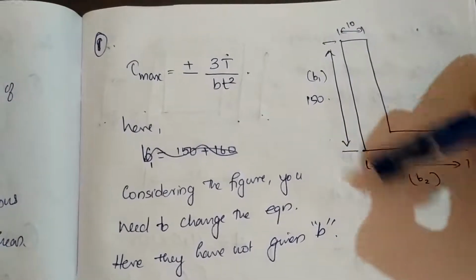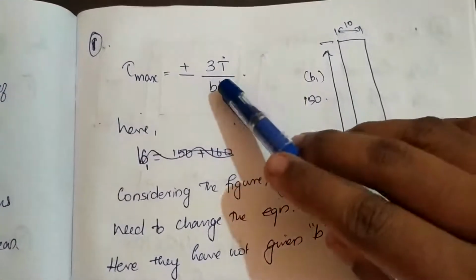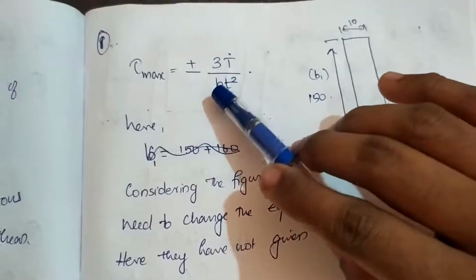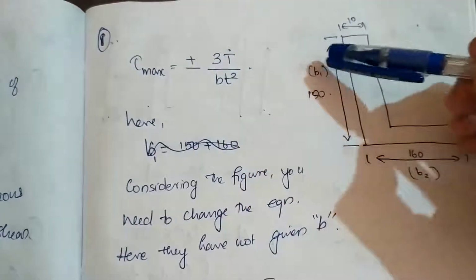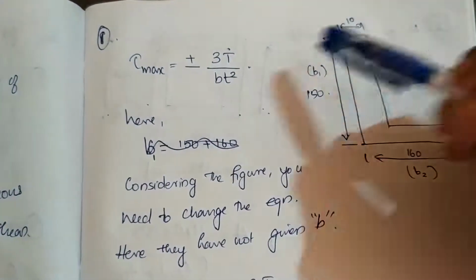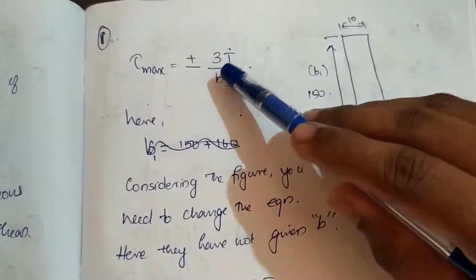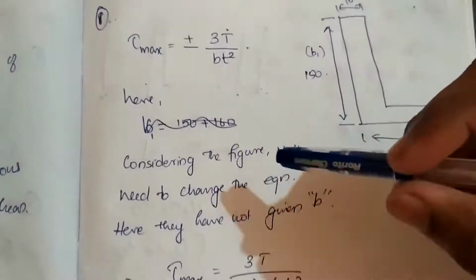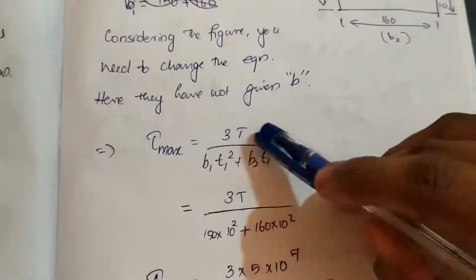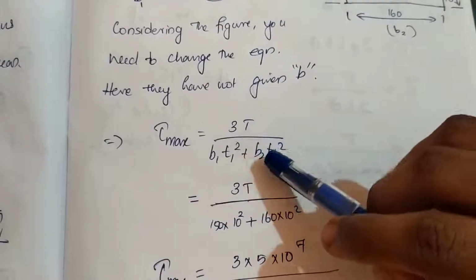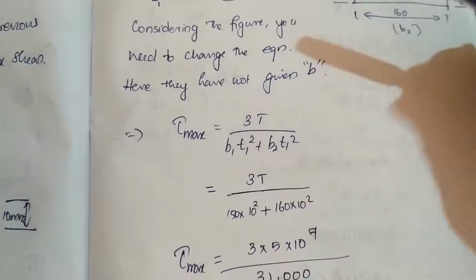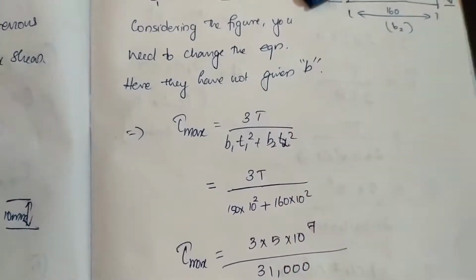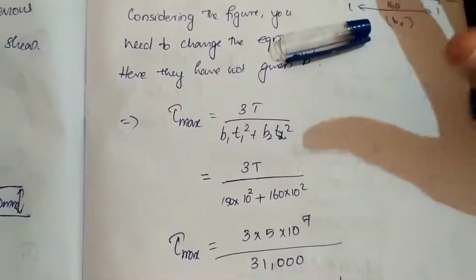According to the given cross sections, the whole denominator should be considered. That means 150 into its thickness squared plus 160 into its thickness, which is 10 squared. So tau max is 3T by b1 t1 square plus b2 t2 square. Sorry, this is b2. Here t1 is equal to t2, so no problem. So you will get tau max.